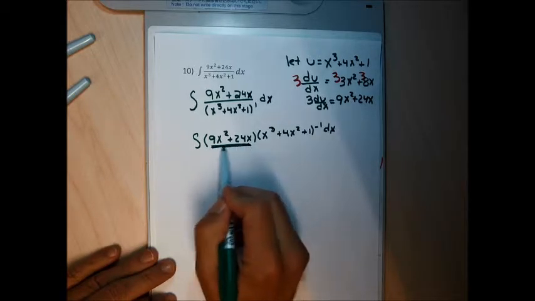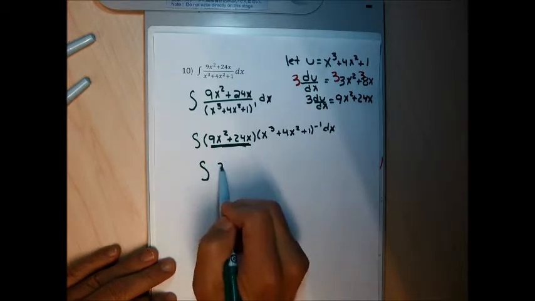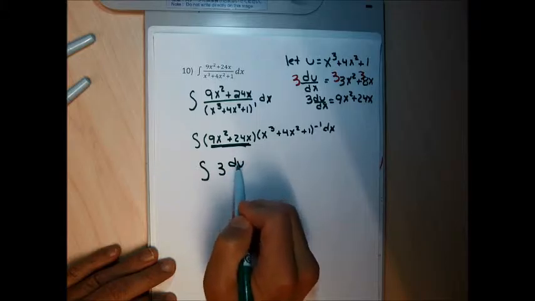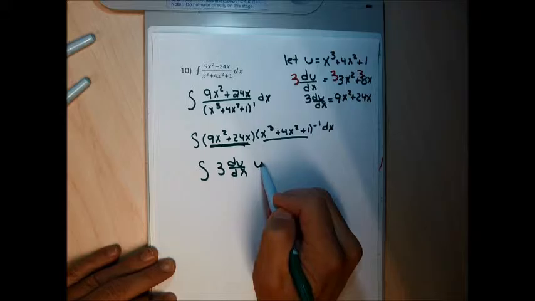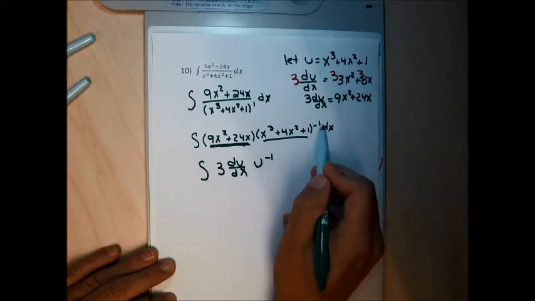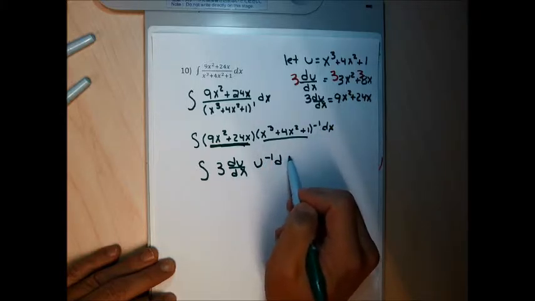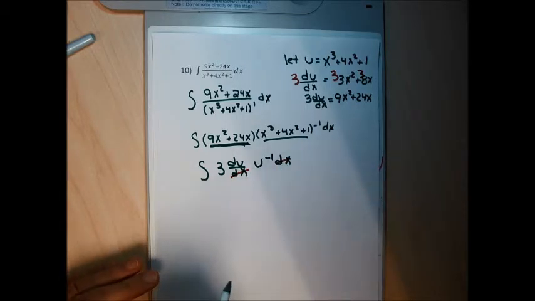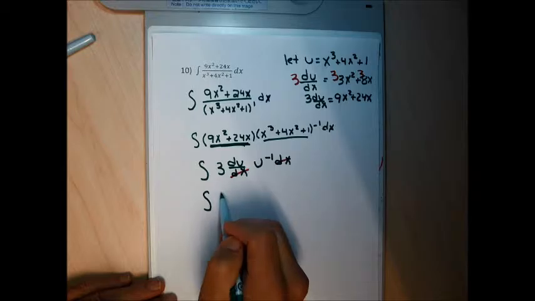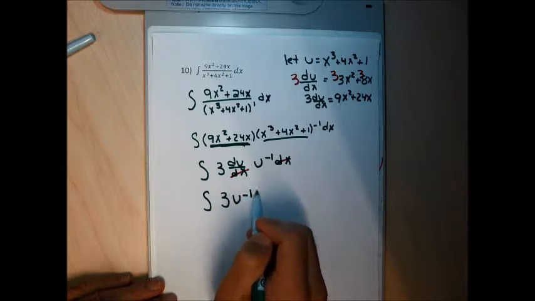For this piece right here, I'm going to put in a 3 du dx. For this piece right here, I'm going to put a u. I'm going to leave the exponent of -1, and I'm going to leave the dx. I'm now going to cancel my dx's, and I get 3 u to the -1 du.